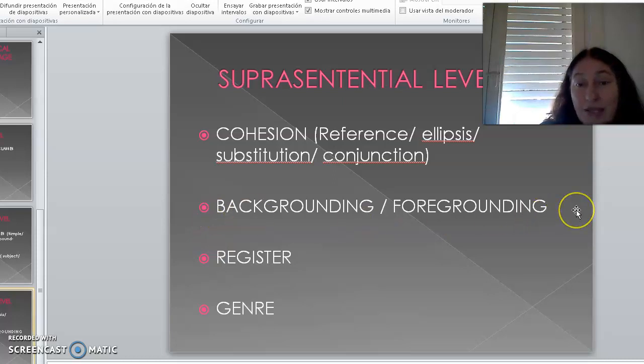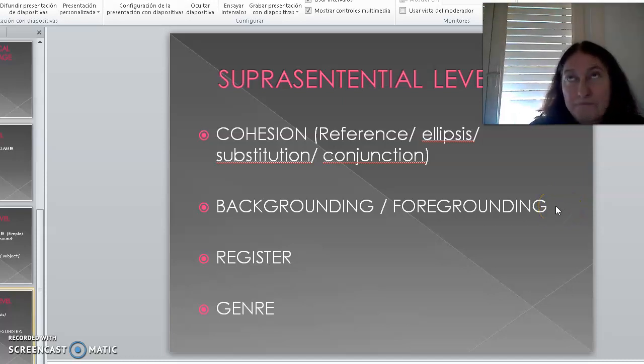The other examples in the chapter have to do with backgrounding and foregrounding, basically connected to the use of tenses for a main storyline or to provide background information, for a setting in time or place.